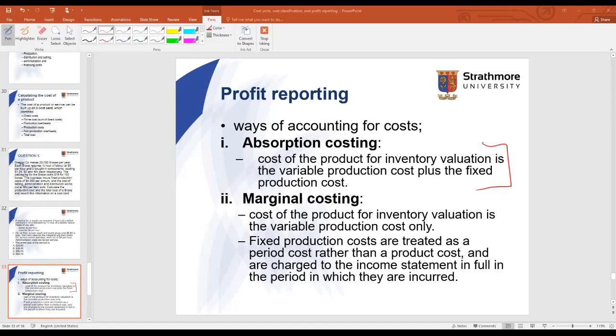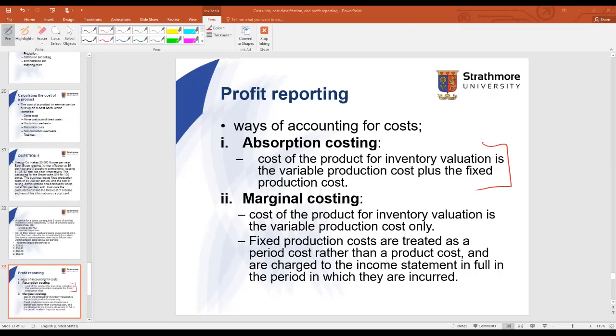That is the key distinction. If you remember the cost card we prepared yesterday, I hope you have it with you, we had the material cost and the labor cost to get the prime cost. The prime cost becomes the marginal cost of the product.